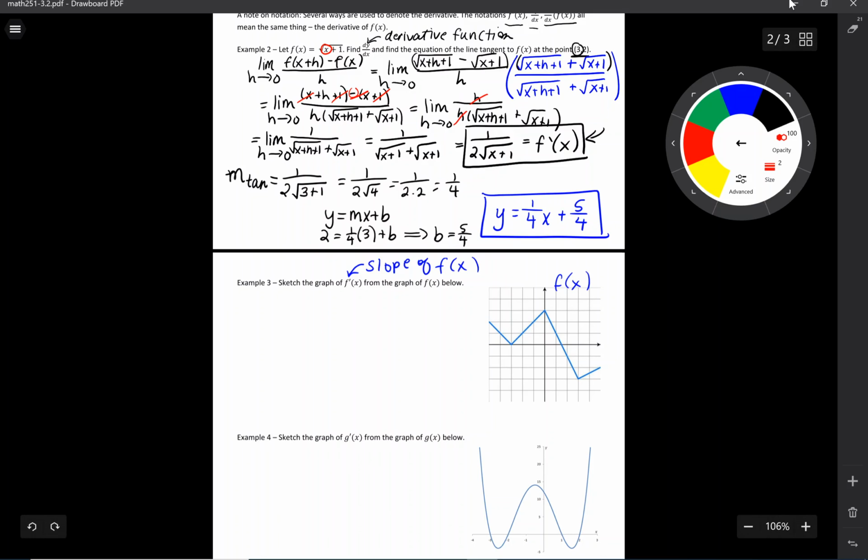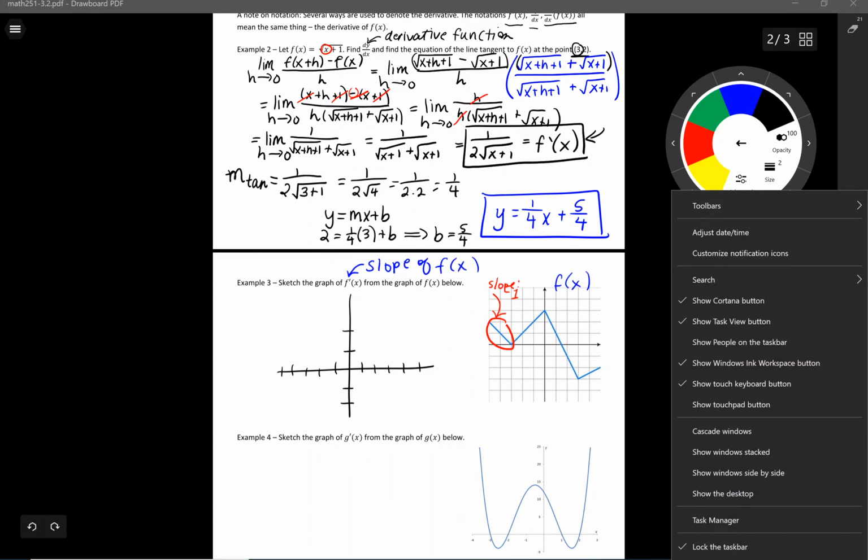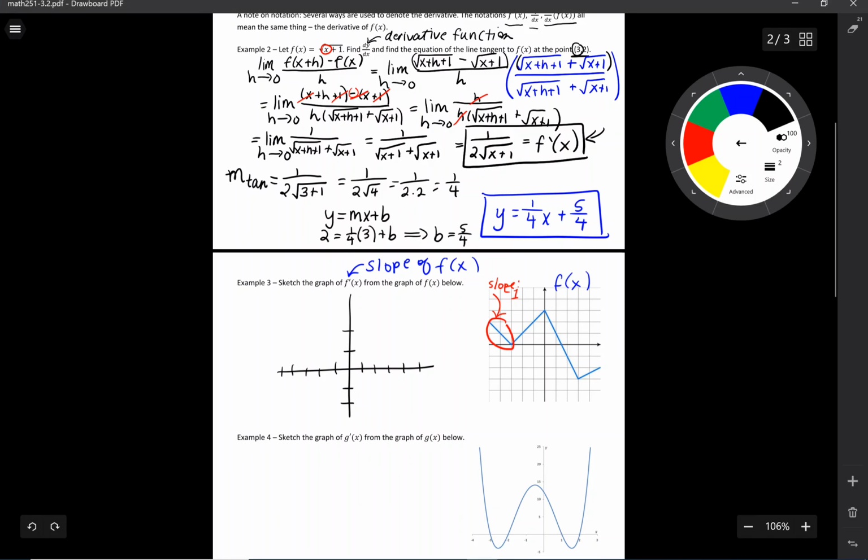So I see that on this first chunk right here, my slope is -1. So if I were to graph the slope, let's see, 1, 2, 3, 4, 5, 1, 2, 3, 4, 5. So from -5 to -3, my slope is -1.